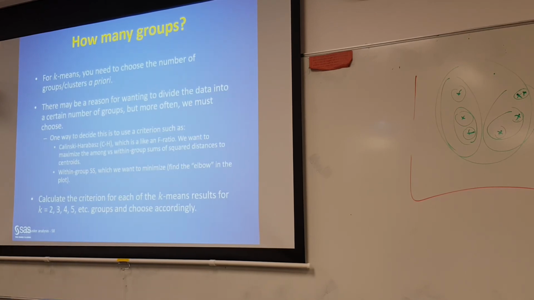Okay, so people often just essentially look at 2, 3, 4, 5, whatever groups, and choose the one that they think is the most sensible. Certainly within industry, it's common to say that they know how many clusters they want, how many groups they want, right?